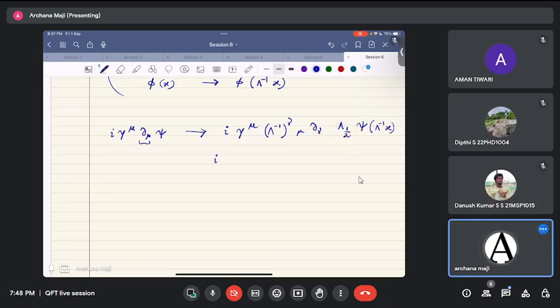So this is equal to gamma^mu, sorry, lambda half del_mu psi(lambda inverse x).